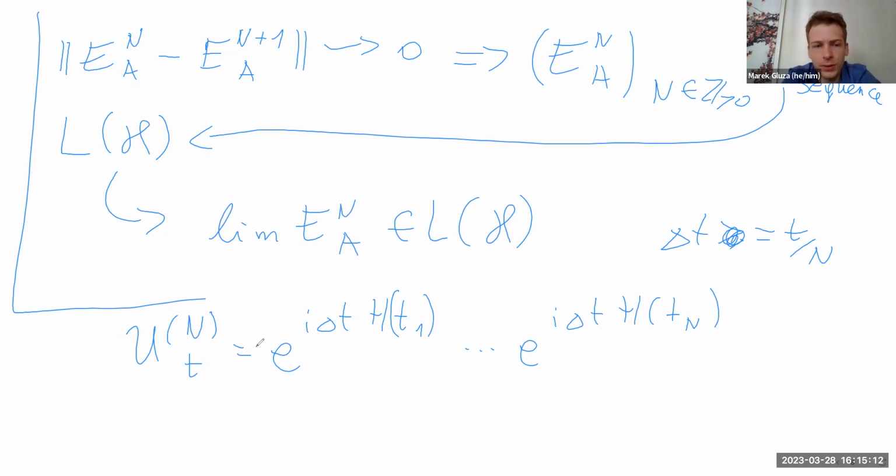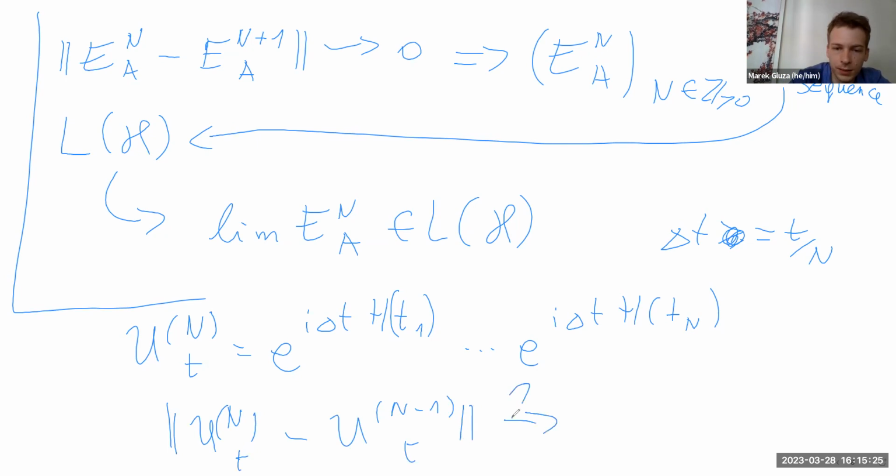So for example, here you would ask, okay, you would be checking U_N(T) minus U_{N-1}(T), and whether this goes to 0. If this happens, it means you have a well-defined unitary. And one thing that we can show next week is that actually this kind of stuff happens.